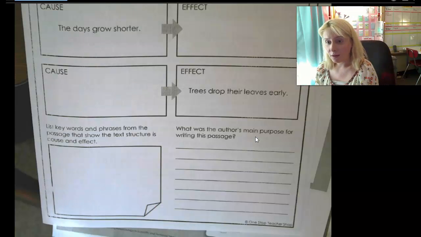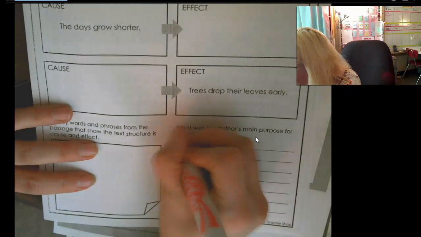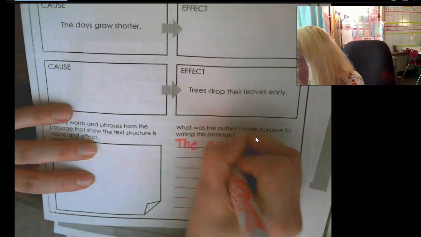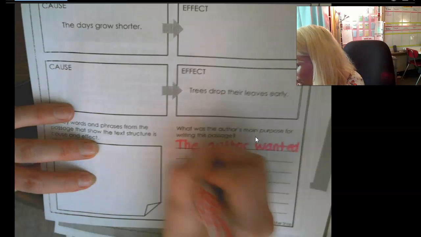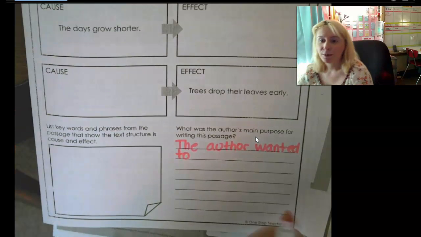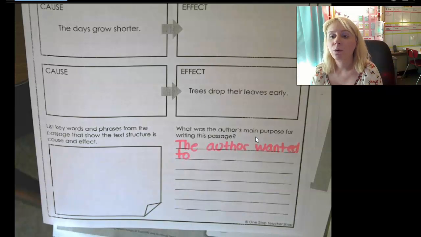So all of them start like this. The author wanted to, and remember we had to think about whether it was inform, persuade, or entertain, and we talked about how it was inform when the author's trying to educate us, to teach us something.